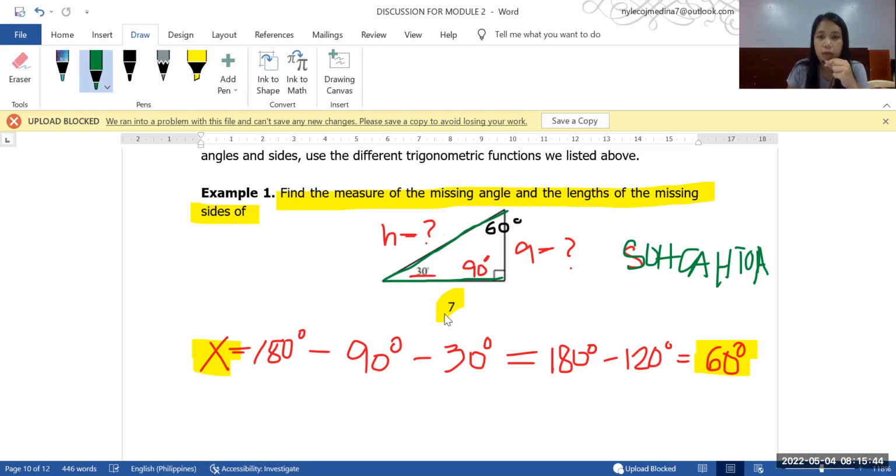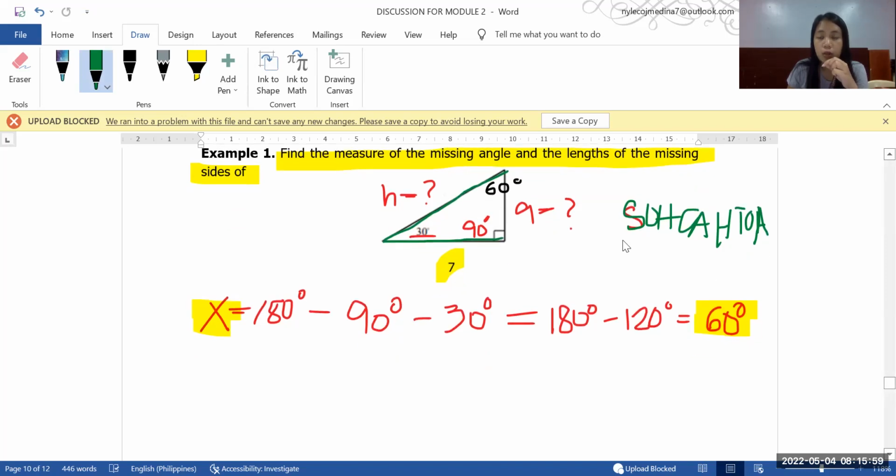What is 7 in relation to 30 degrees? It is beside it, therefore adjacent. So now, what we are looking for is the hypotenuse. So, using your 30 degrees, which one will we use? Is it sine, cosine, or tangent? What we need is adjacent and hypotenuse. Since adjacent and hypotenuse fall on the cosine, what we will use is cosine 30 is equal to your adjacent over hypotenuse.